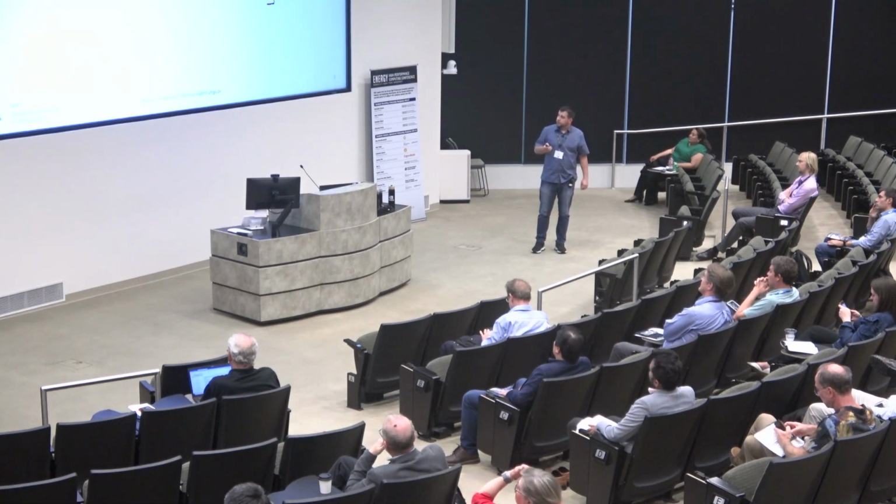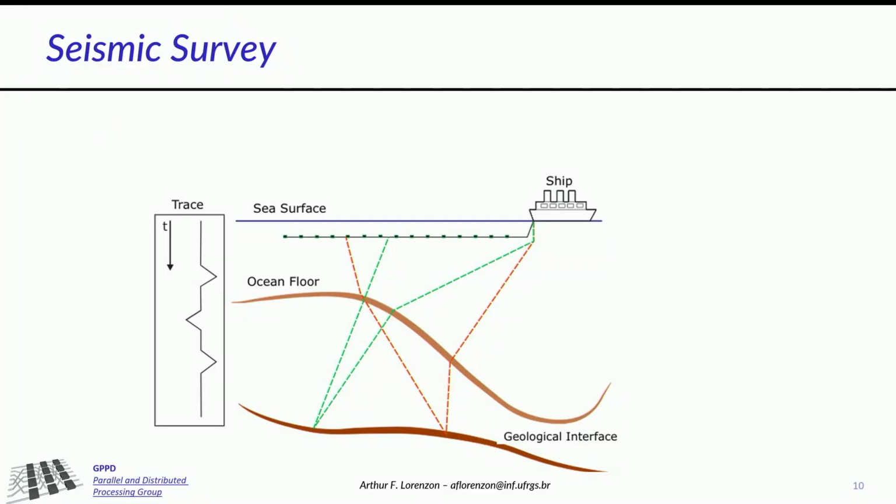So the Fletcher modeling, well, I will try to give a brief explanation about the seismic survey. Although I am not from this research field, I will try to explain this to you. Let's consider that we have a ship, then the sea surface, the ocean floor, the geological interface, and then the trace that we can get.